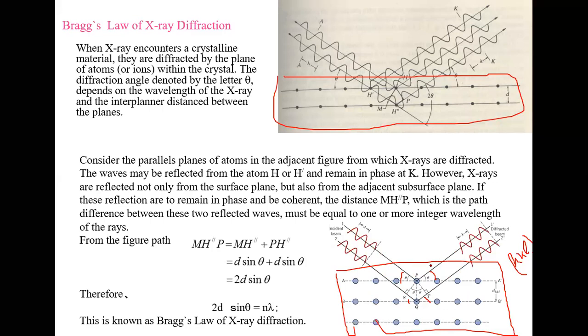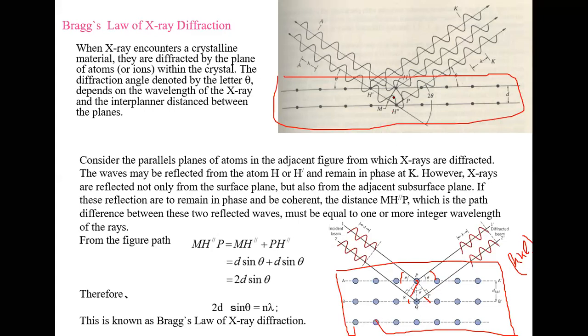To find the path difference between these two beams, we draw the perpendiculars, PS perpendicular and PT perpendicular. Up to these perpendiculars, the distances from the left are the same. So the path difference between the two beams in this figure is SQ and QT.